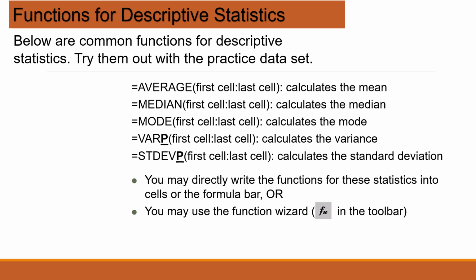By clicking on the function wizard, you can now select the appropriate function you want to perform. The function f of x contains the Excel built-in functions such as the average, median, mode, standard deviation, and so on. So when you click on the function wizard, you can scroll down to select the appropriate function you want to perform.